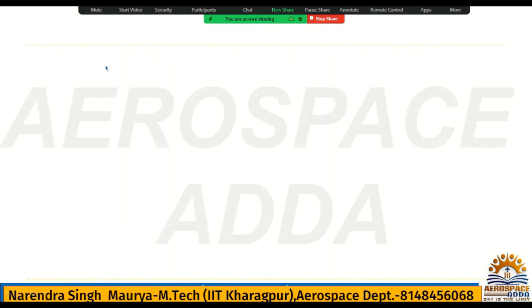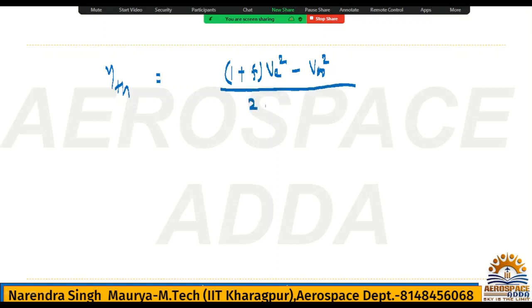If you remind, eta th is nothing but 1 plus small f, times VE square minus V infinity square, divided by 2 into small f into HV. So 1 plus 0.02. What is the VE?